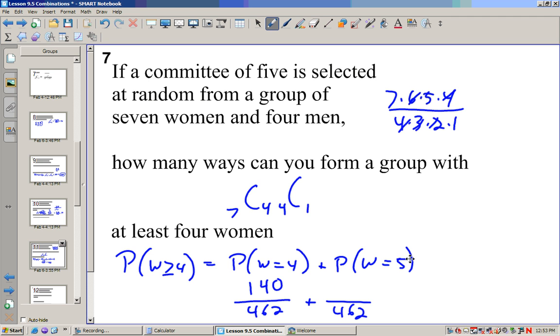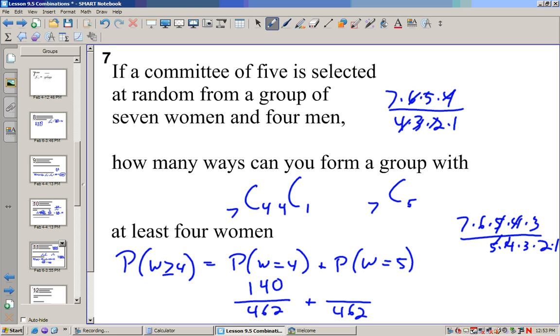Now, the probability that there's 5, now we have to find the number of ways we can choose 5 women, and that's 7 choose 5. And we're not choosing any men, so that's just what we have to deal with. So 7 choose 5 would be 7 times 6 times 5 times 4 times 3, divided by 5 factorial, 5 times 4 times 3 times 2 times 1.